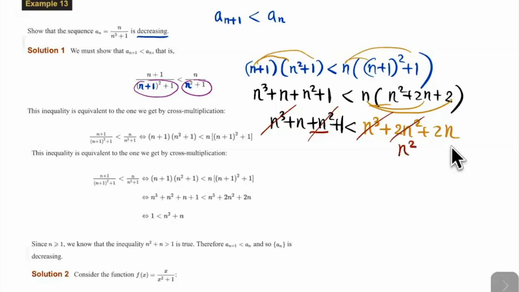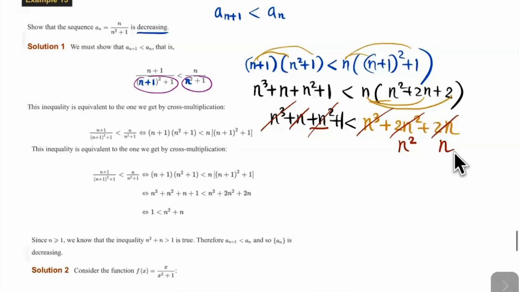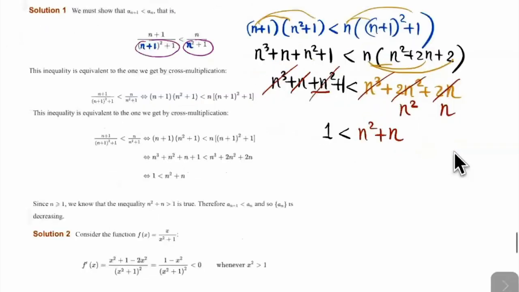And we'll also subtract both sides by n, so that will be just n. So finally, this reduces to proving 1 is less than n squared plus n, right? Agree? If we can prove this, then we can go backward and get this result.